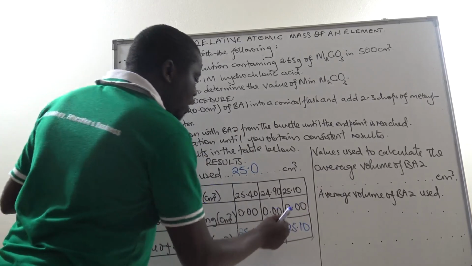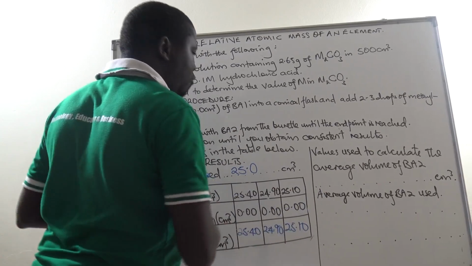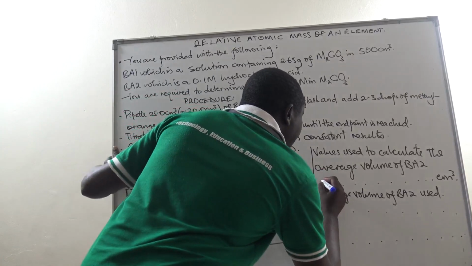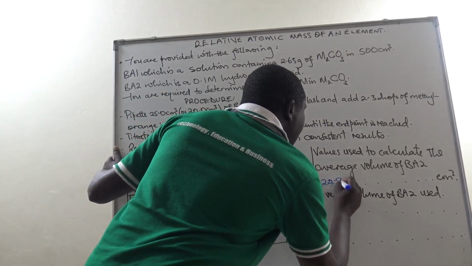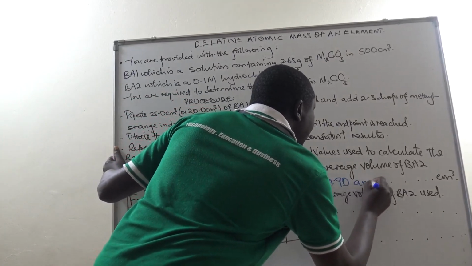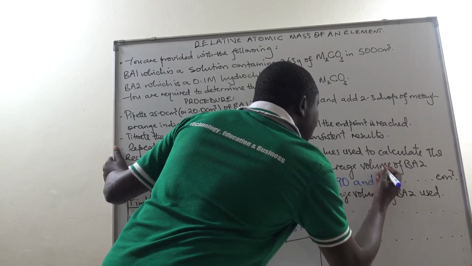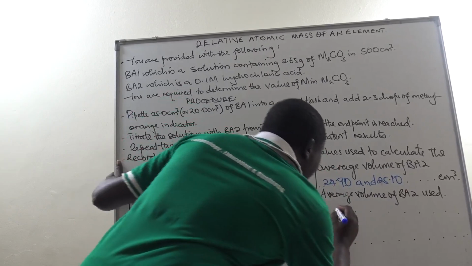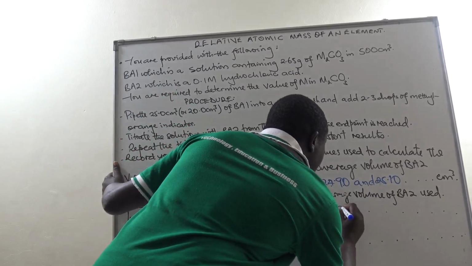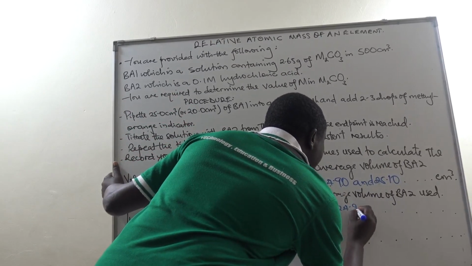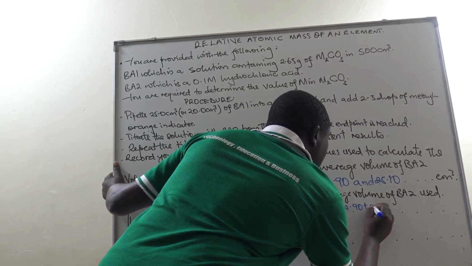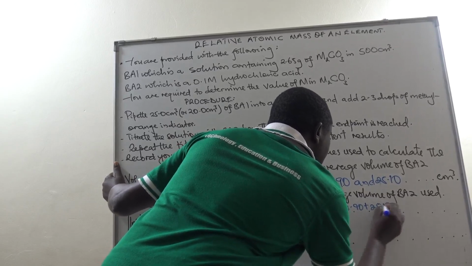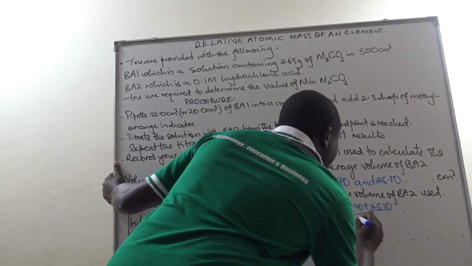So we are choosing 24.90 and 25.10, and we write them here, 24.90 and 25.10. Then let us get the average of these 2. It is equal to 24.90 plus 25.10, and we have to divide by 2.